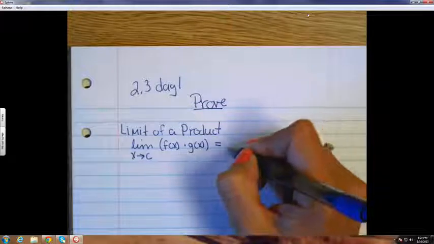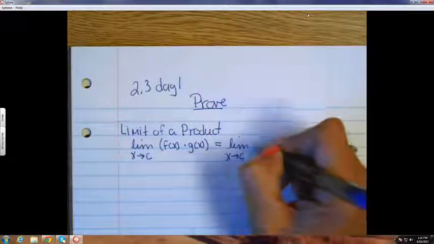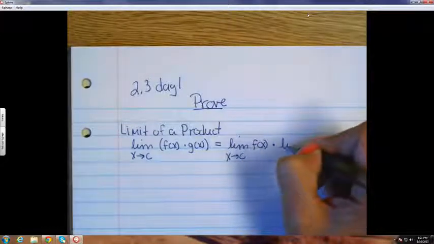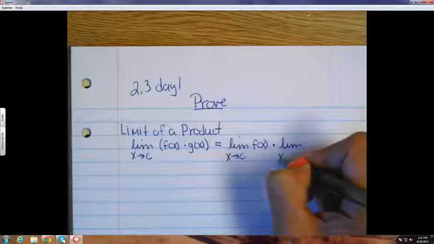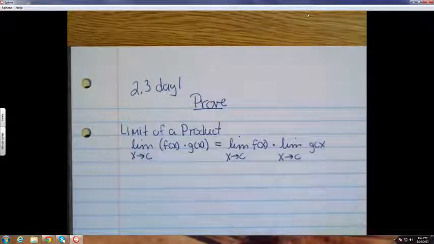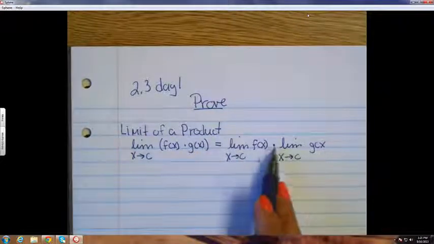So it's the limit as x approaches c of f of x times the limit as x approaches c of g of x. So we took the limit of a product and broke it up into the product of the two separate limits.